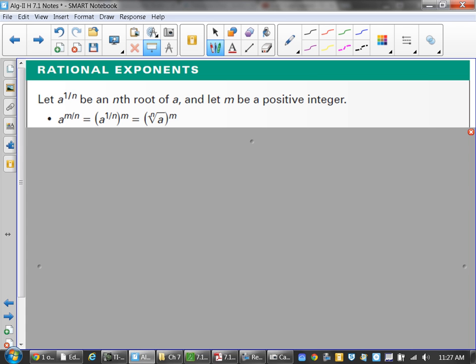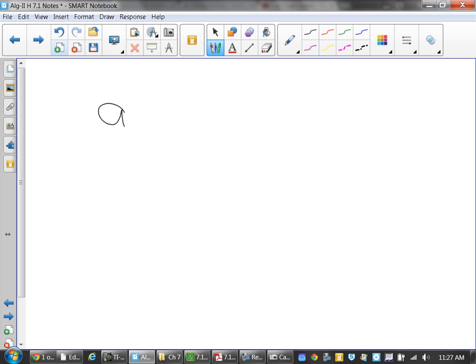If you have a to the m over n, what that is telling you is that it's still always going to be the nth root. Remember that n value is always in the denominator for the fractions. It's the nth root of a raised to the m power.